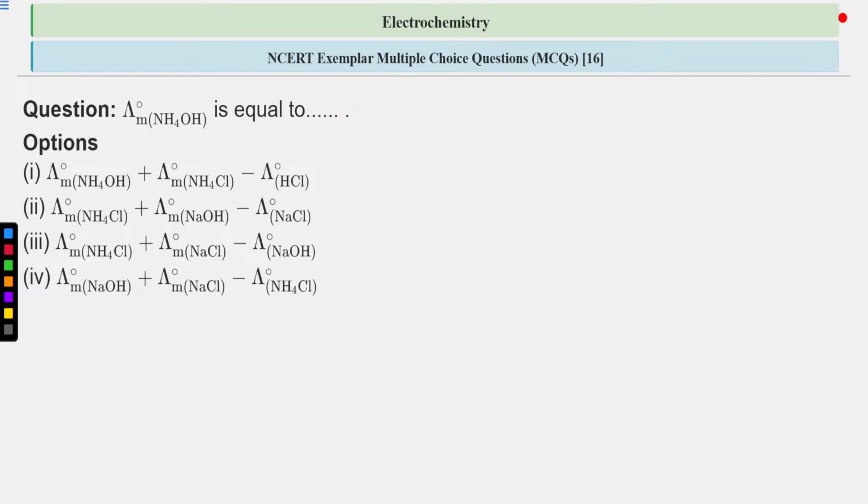This is also an NCERT Exemplar multiple choice question, marked as question number 16 in the NCERT Exemplar. The question is lambda naught m of NH4OH is equal to what? If you remember, we have studied in the theory part about Kohlrausch law, where we studied the molar conductivity of different ions.